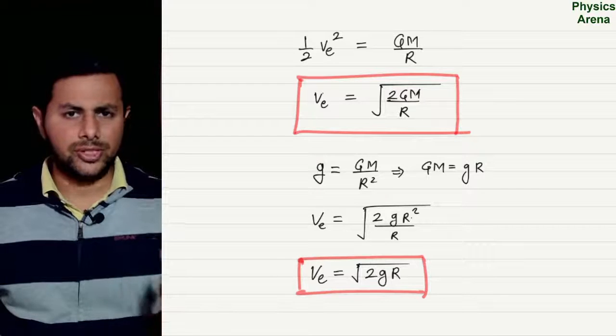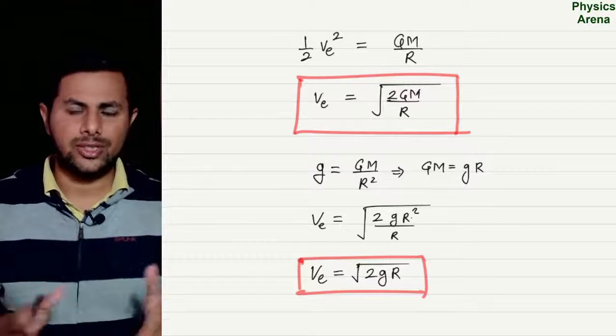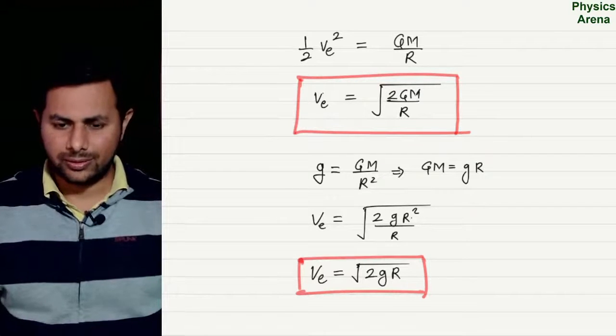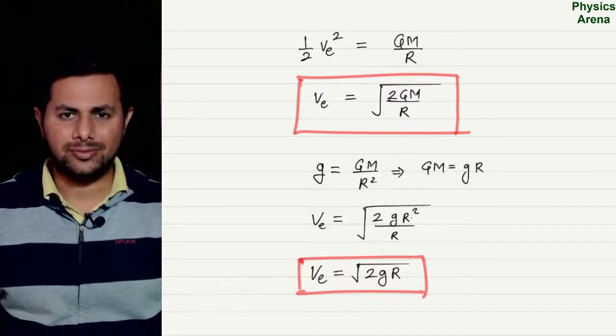So you can substitute g, which is 9.8 meters per second squared, and R equals 6,400 kilometers, and you can find the escape velocity. I don't remember the value right now, but this is how we can find it out.